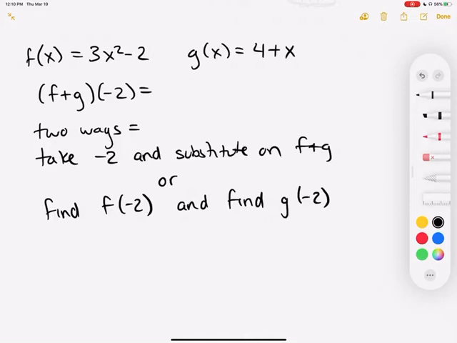So take the -2 and substitute into the g function, and then subtract those two, or add in this case, add those two results.